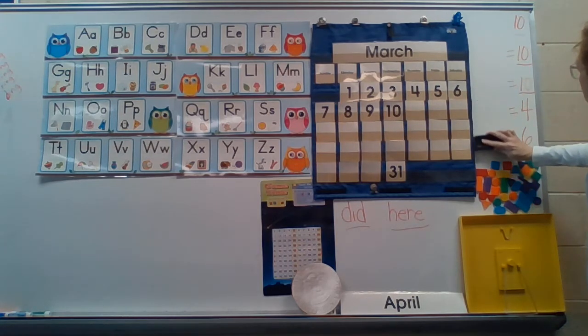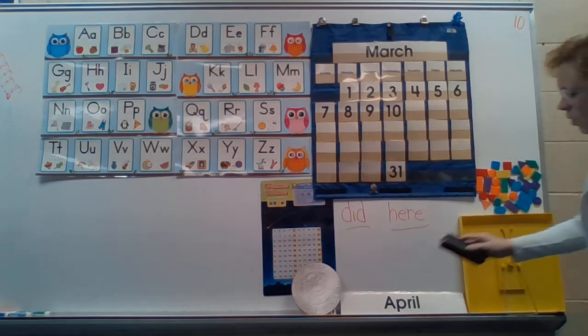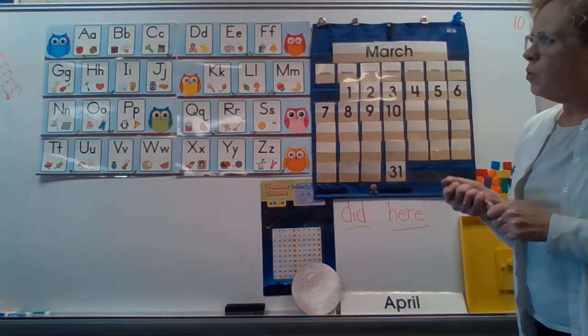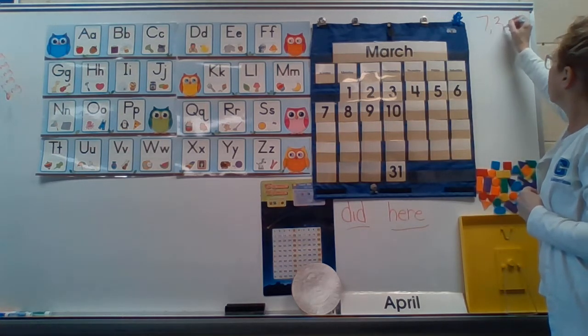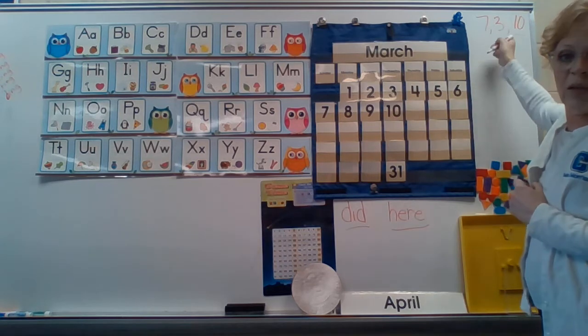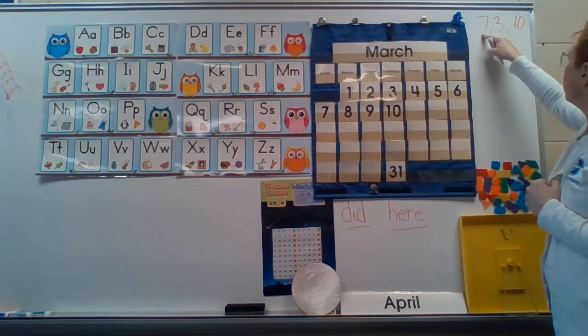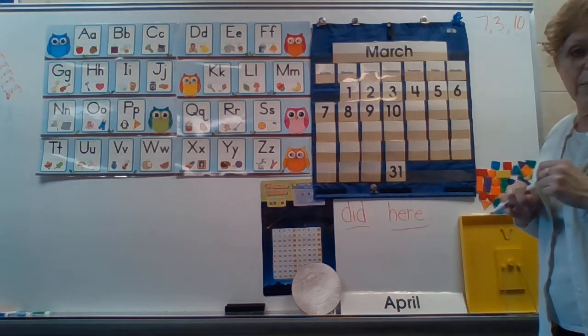So I'm going to erase this, since we already did 6 and 4. How about, because I know that 7 and 3 equals 10, let's use the numbers 7, 3, and 10 to write our fact family today.